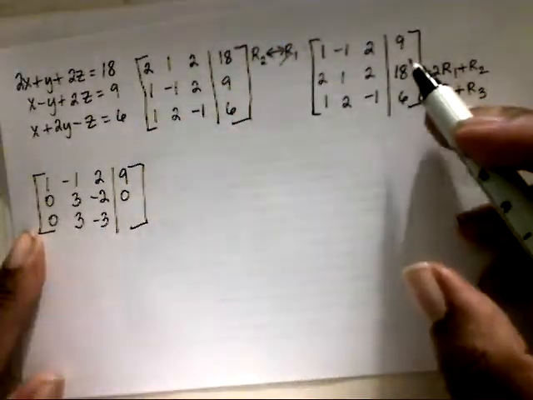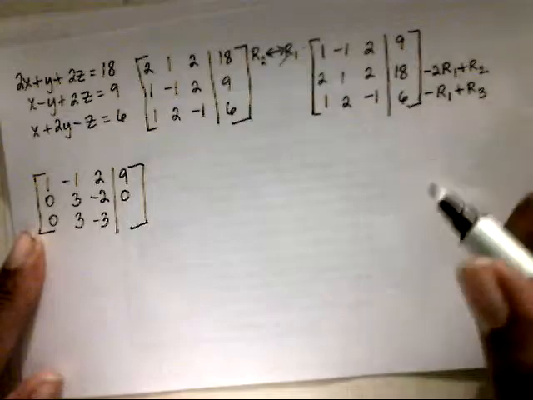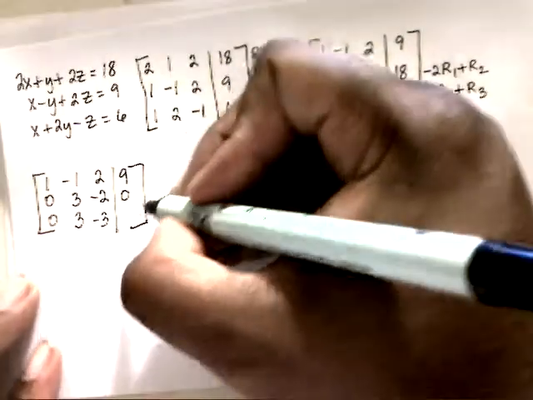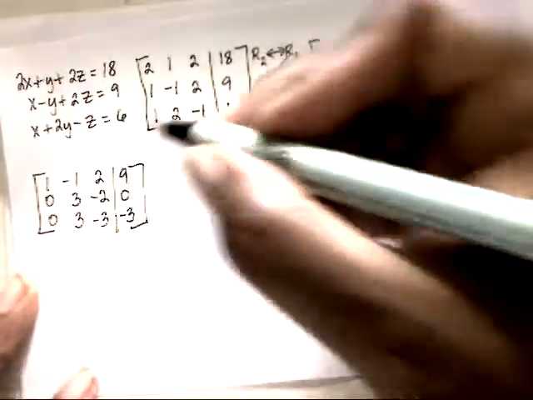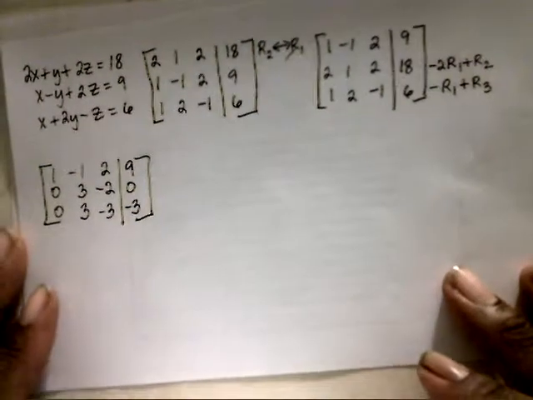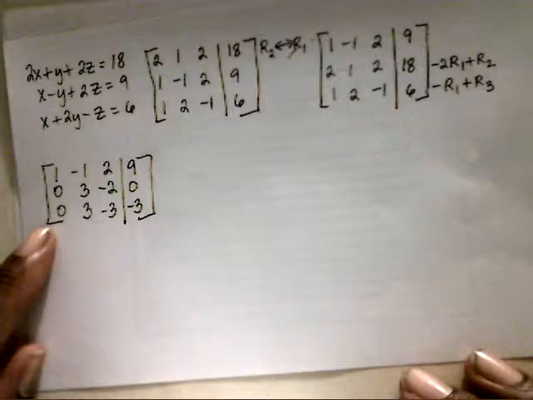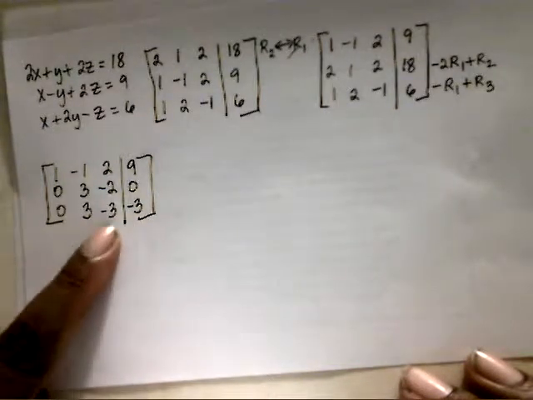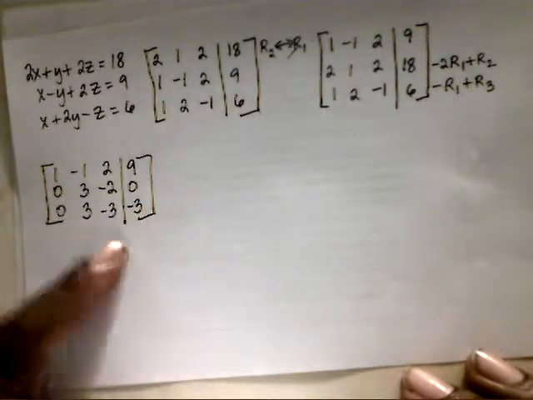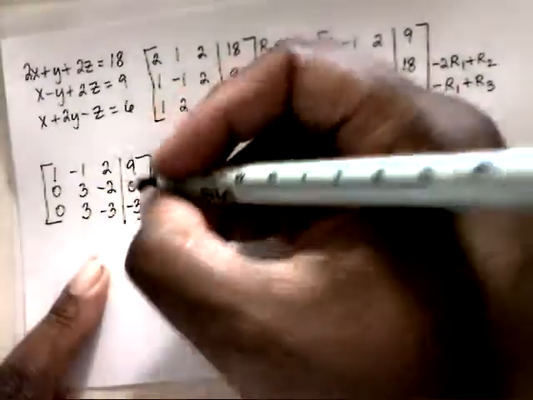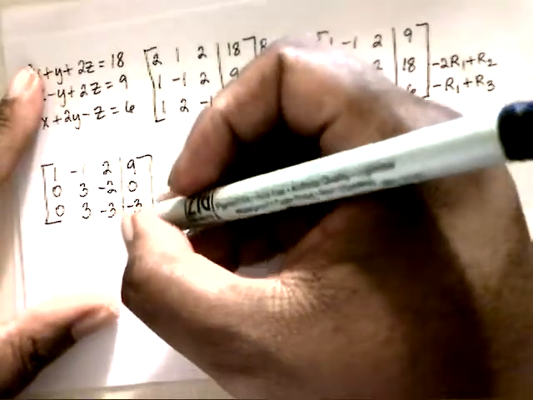The opposite of 9 is negative 9, plus that 6 is negative 3. Now what I've noticed in the third row is I have nothing but 3 and negative 3. Those are multiples of 3, so what I can do here is take, let's do this.